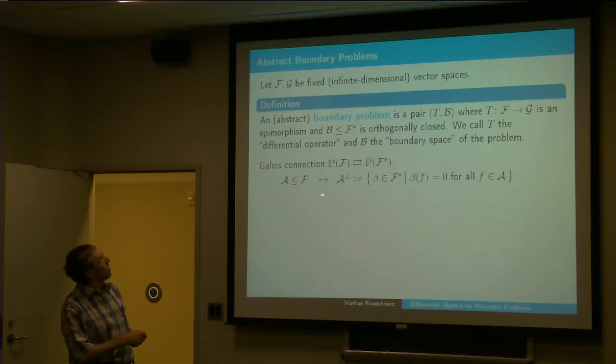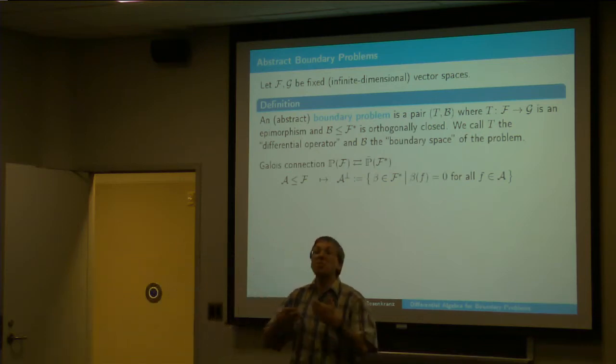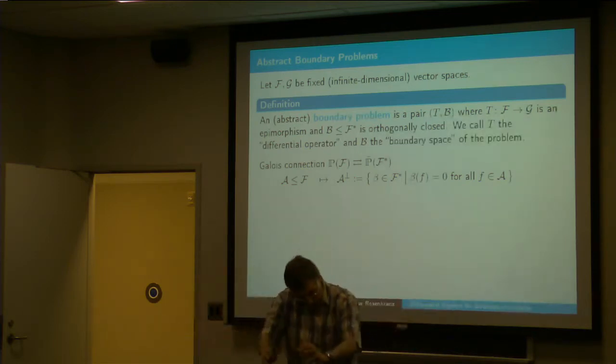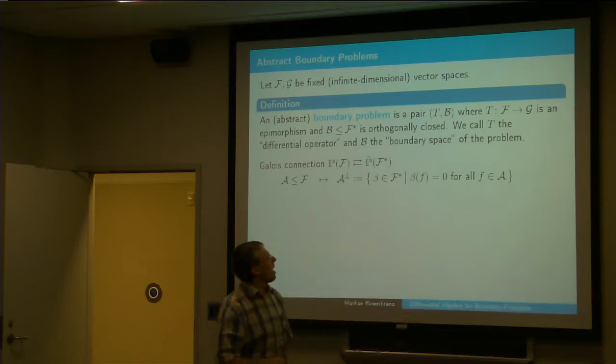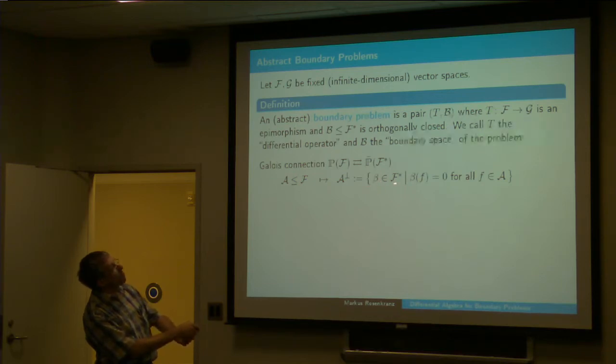And the Galois connection would just take a subspace of F, and I think of this A here, this subspace of F, as admissible functions. These are some functions that are in some sense admissible. I don't take all the C infinity functions, but a certain well-defined part of it that I call admissible functions. And then having these, I can ask myself, what conditions do they satisfy?